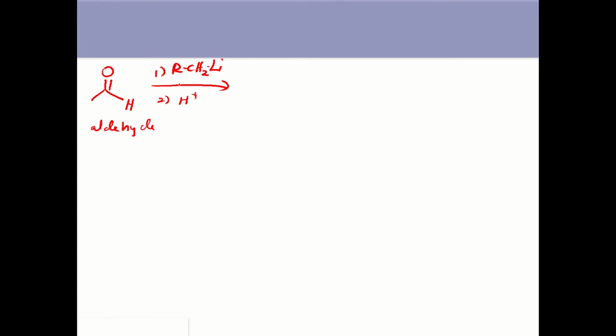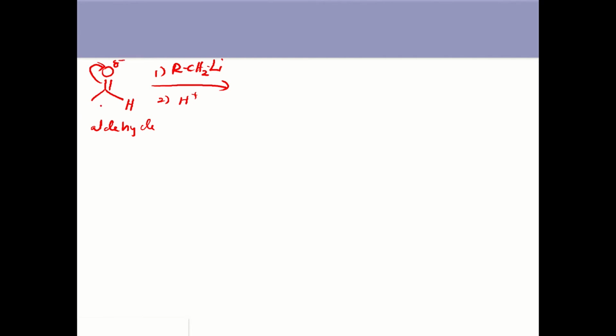In the first step, what we have is the addition of this organometallic compound that we have prepared. What basically happens in these processes is that oxygen is a very electronegative atom, so it attracts electrons from this double bond toward itself. So that means oxygen is going to have a slightly negative charge.